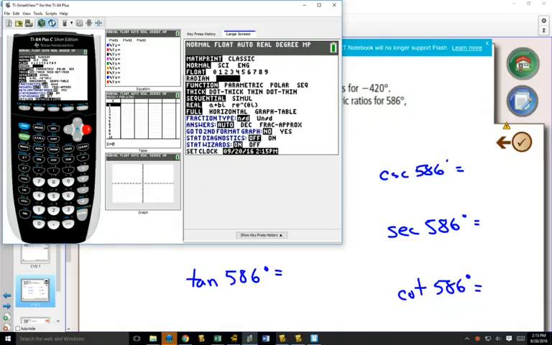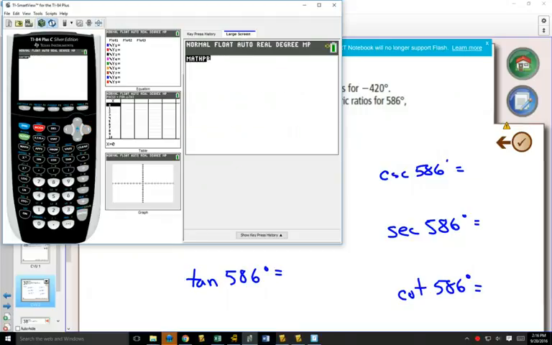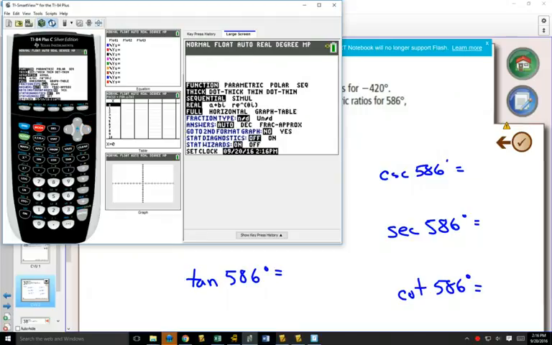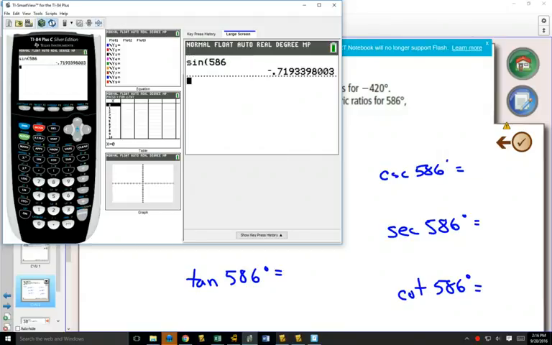In this unit, you will be switching back and forth between radians and degrees, because sometimes we'll do questions that your calculator needs to be in radians, and sometimes we'll do a question that your calculator needs to be in degrees. So once you've set that up, when you type sine of 586, you get negative 0.719.